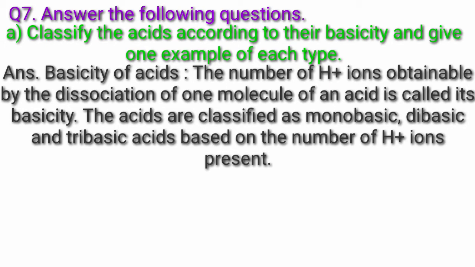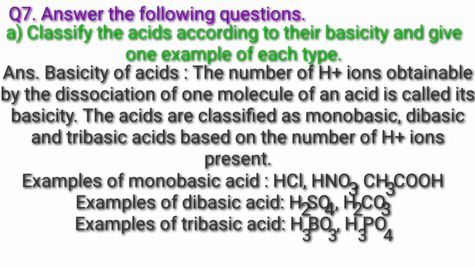The acids are classified as monobasic, dibasic, and tribasic acids based on the number of H+ ions present. Examples of monobasic acids: HCl, HNO3, CH3COOH. Examples of dibasic acids: H2SO4, H2CO3, and examples of tribasic acids: H3BO3, H3PO4.